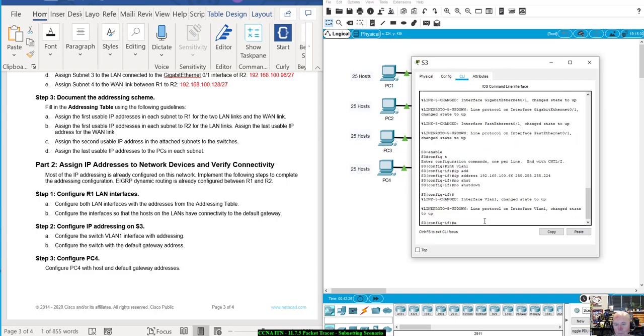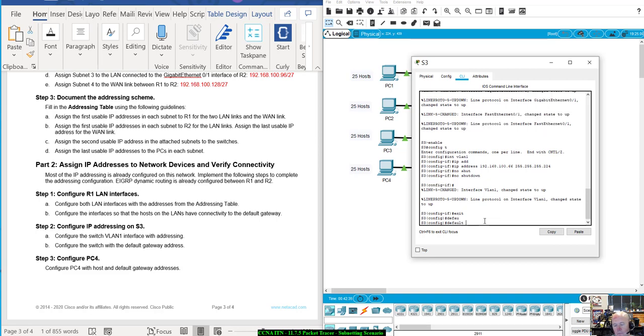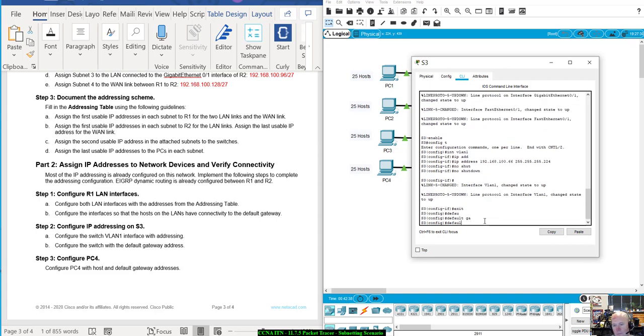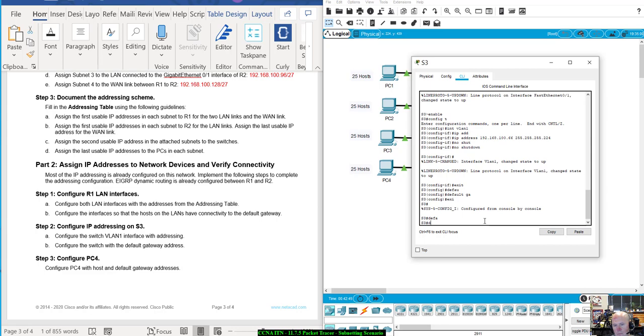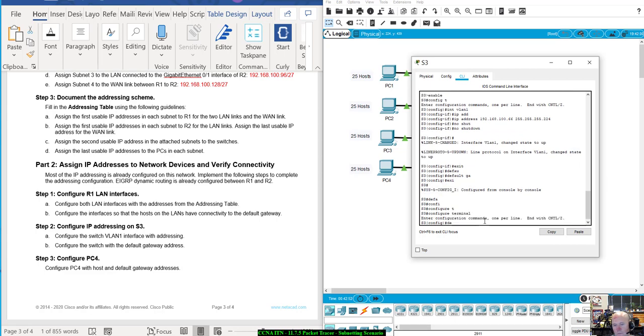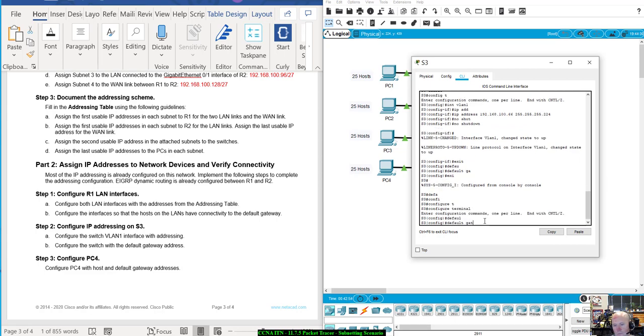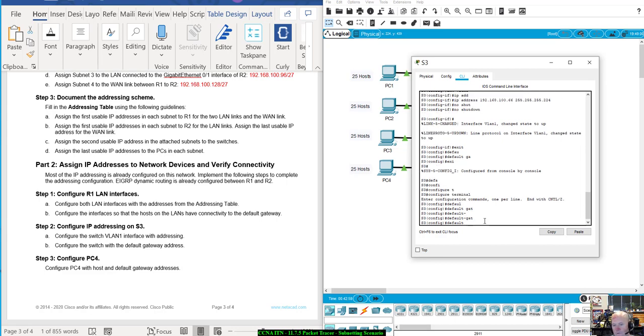Let's back up. Exit. Exit. Back into config terminal. I always forget the default gateway.